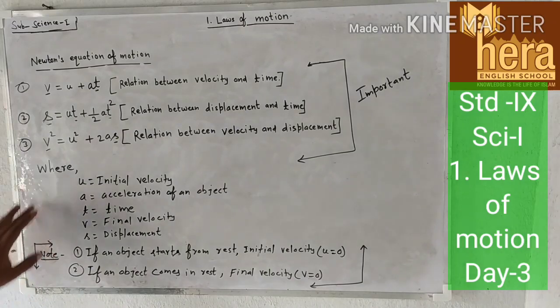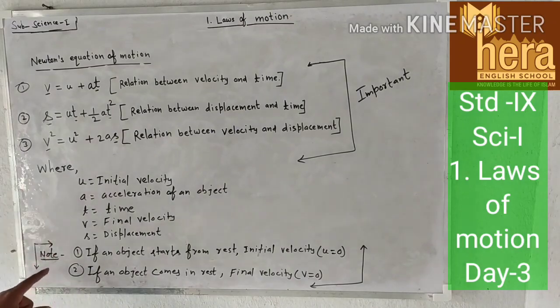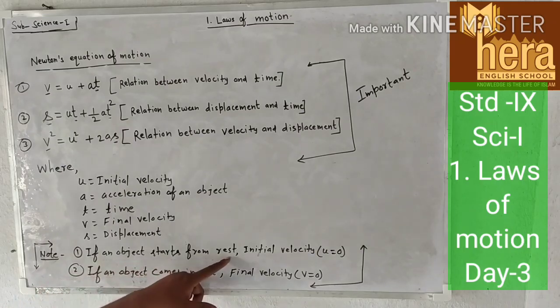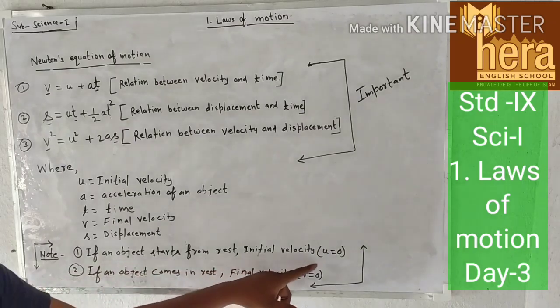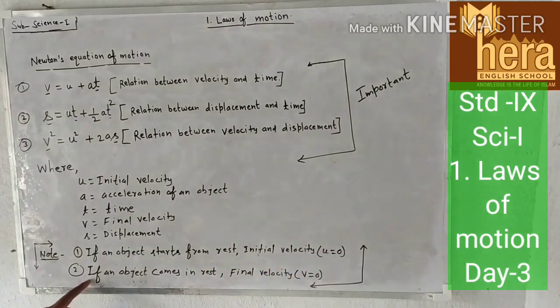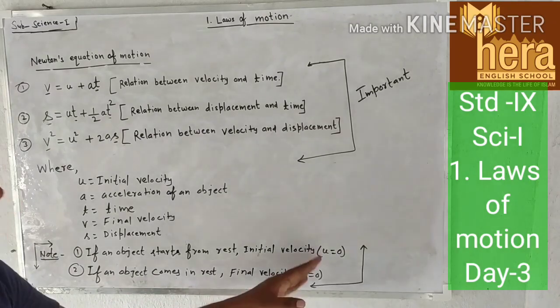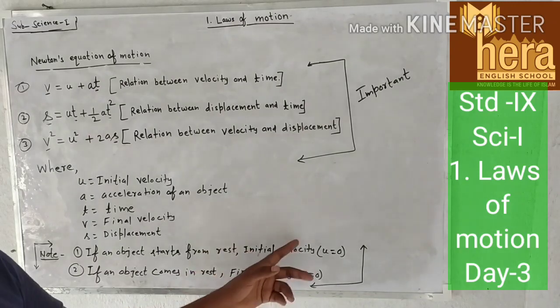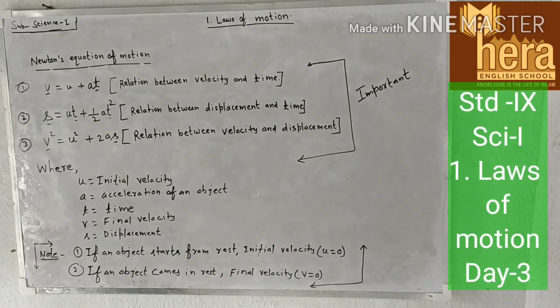One important thing I want to tell you: if an object starts from rest, initial velocity u is equal to 0. If an object comes to rest, final velocity v is equal to 0. This is important because this will help you in numericals.